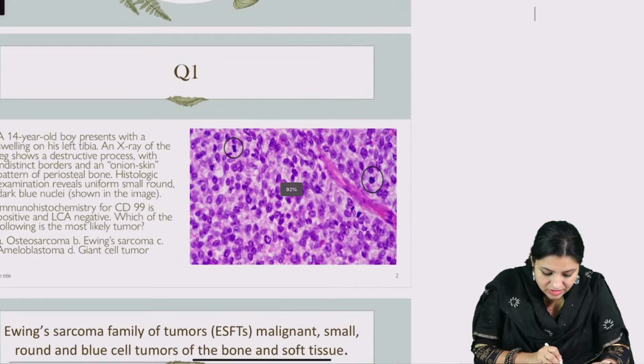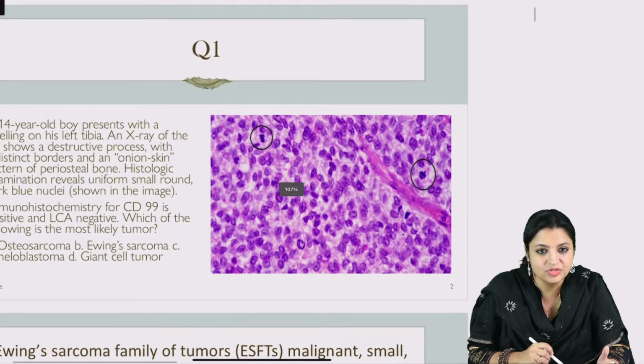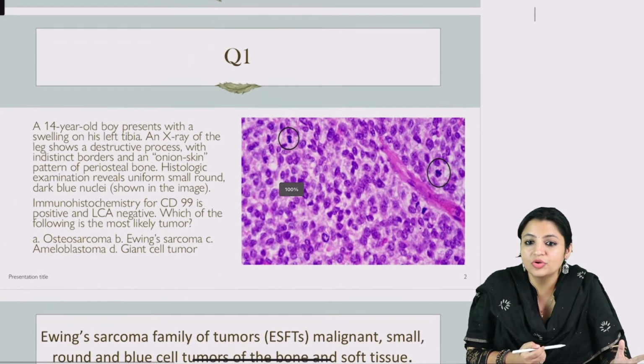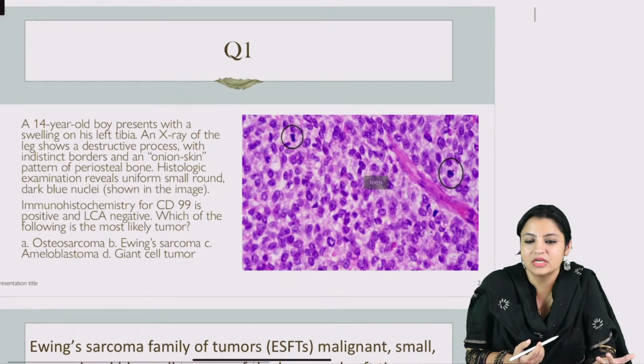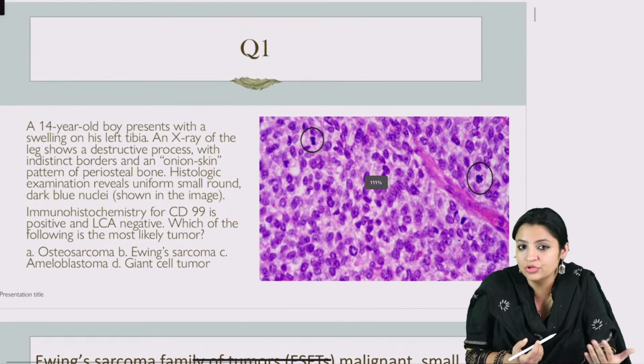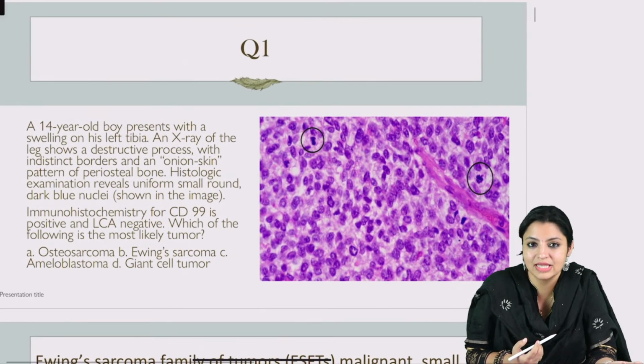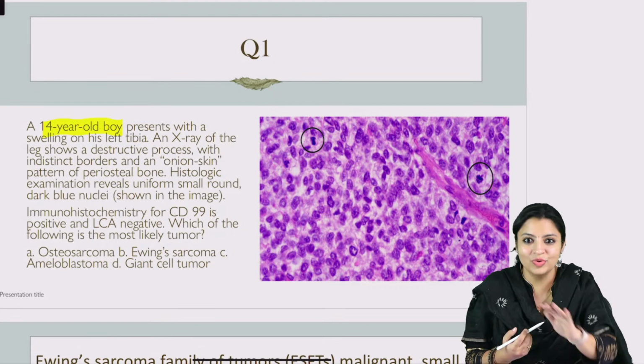Okay, so this is a 14-year-old boy. He presents with swelling in the. I'm not going to waste much of your time, guys. I know this is a very crucial time for you to revise and study for your exams, so we will go very fast. Let it be a quick revision, a quick test and discussion type of questions so that I don't waste much of your time.